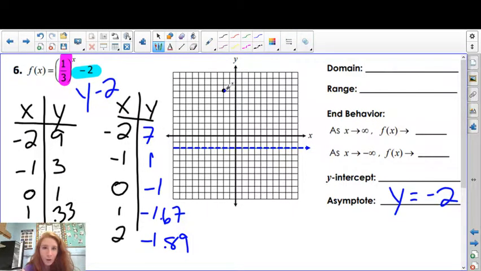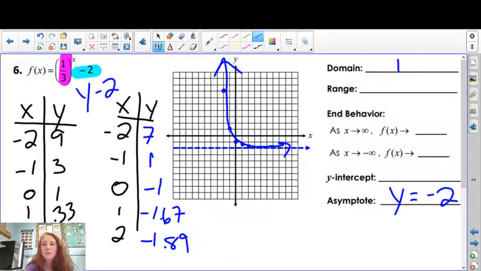So -1, 1, 0, -1, 1 down about a little over a half and then a little bit more. And again, since I'm making my dots a little bit bigger, it doesn't look as accurate. And then I'm going to connect my dots as best I can.